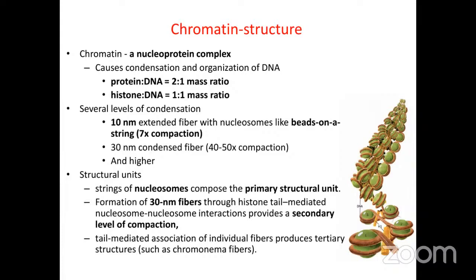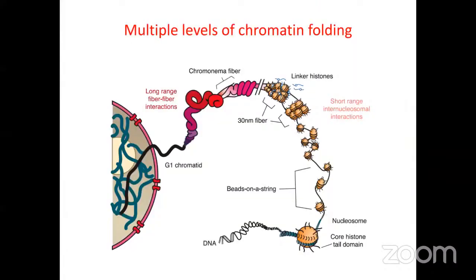Then the 30 nanometer fiber, which is a nucleosome interaction. So the nucleosome is the primary fundamental structure of the chromatin, whereas the 30 nanometer fiber is the secondary level of compaction. You can see there, on the left side, the presence of DNA inside the nucleus.